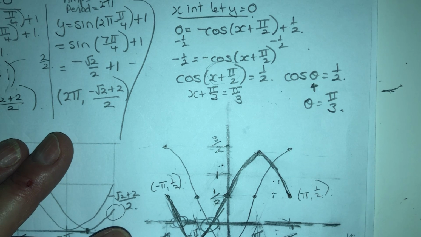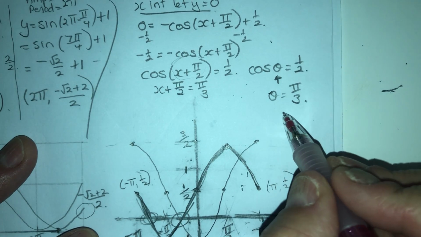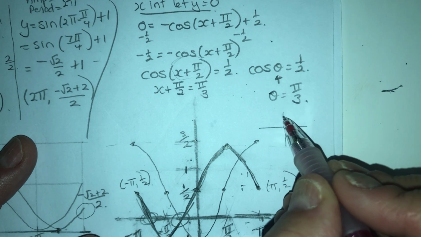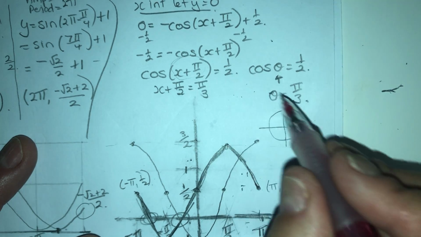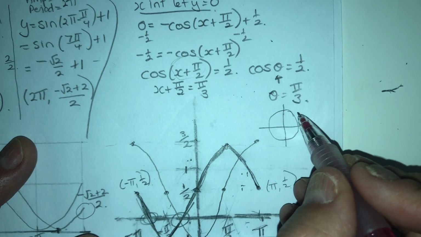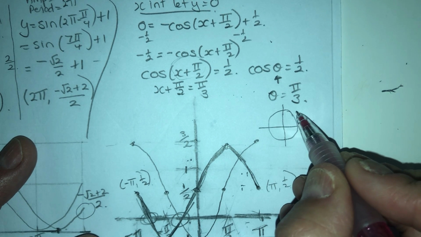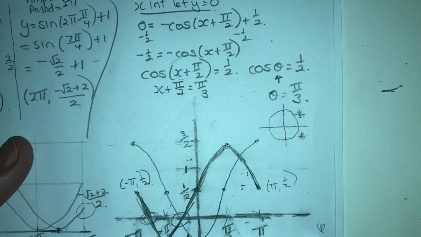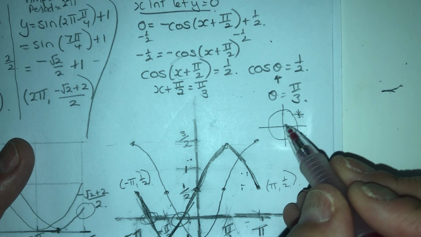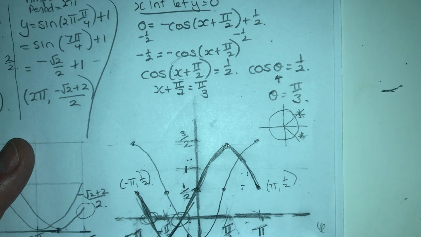All right, so we also know, we want to know where cos is positive because this is a positive value. So we know they're all positive in the first quadrant and cos is positive in the fourth quadrant. All right, so we are going to have a look at these two values here.